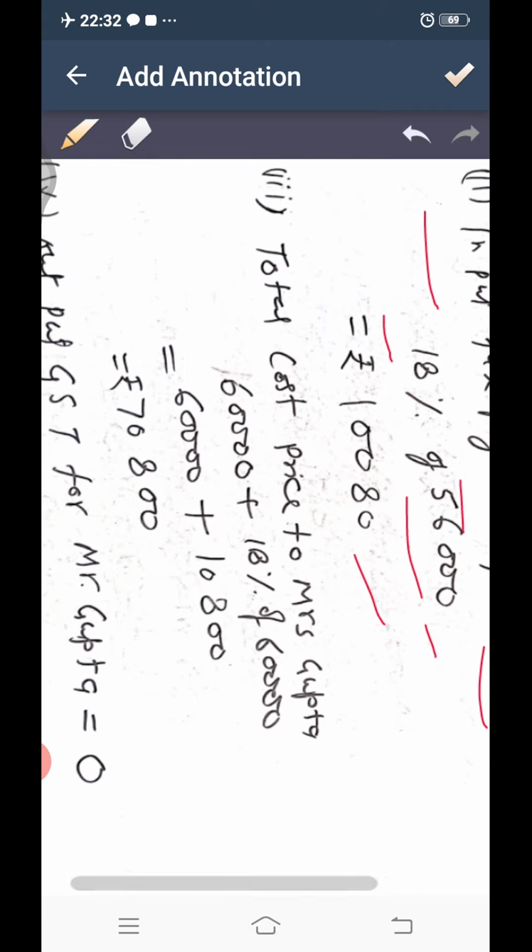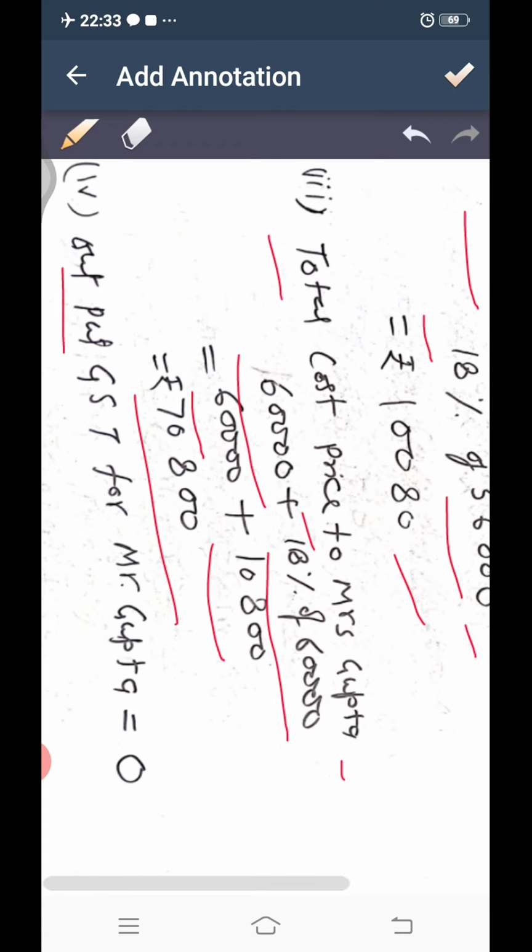Then total cost price to Mrs. Gupta. Mrs. Gupta buys it for rupees 60,000. So plus 18% of 60,000 will be the tax. So that is 60,000 plus 10,800. So Mrs. Gupta will pay rupees 70,800.